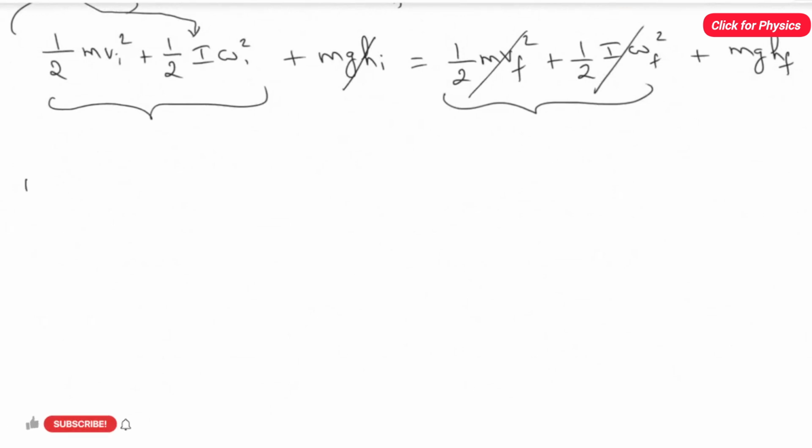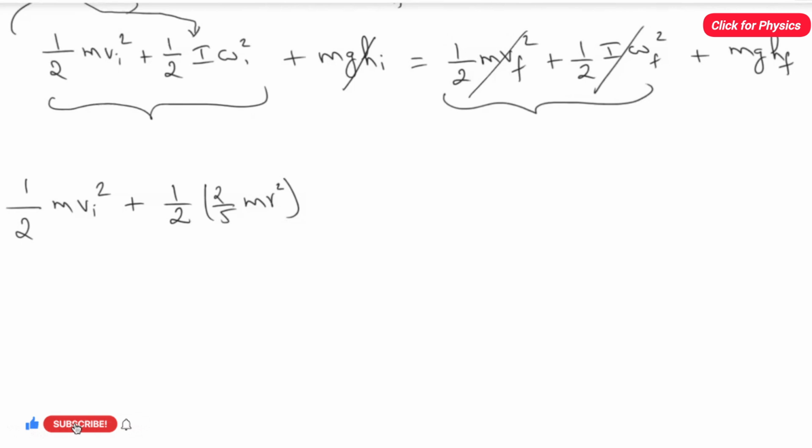So what I am going to write now: I can write half m vi square plus half, and in place of I I have to write the formula for moment of inertia for the solid sphere, which is 2 over 5 m r square.